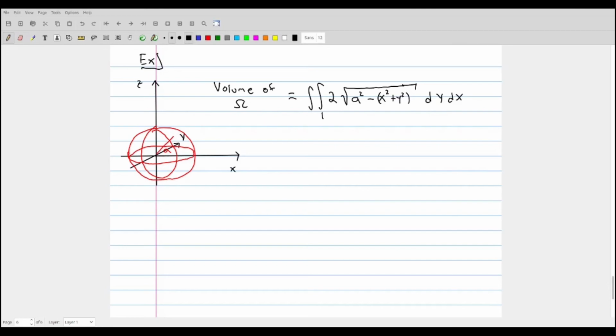This is the integral over the region R, which is the circle in the xy plane, just the trace of the shape at z equals 0.